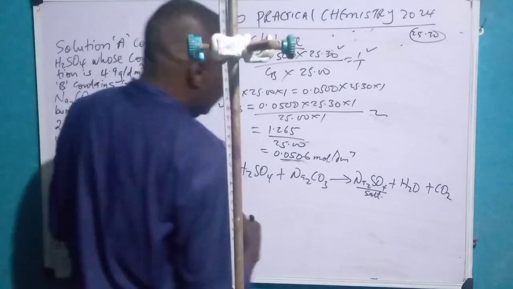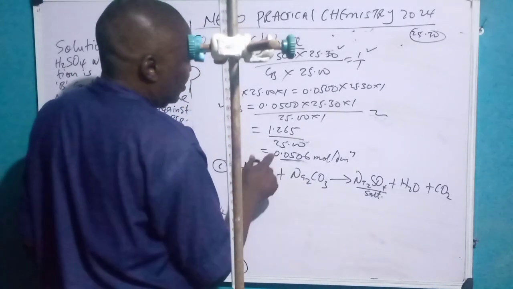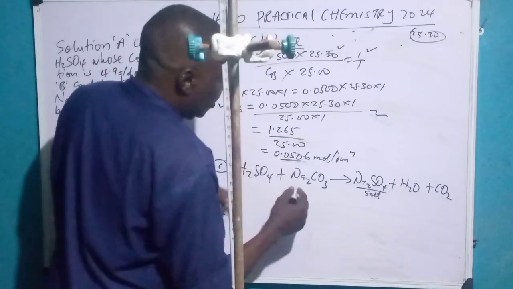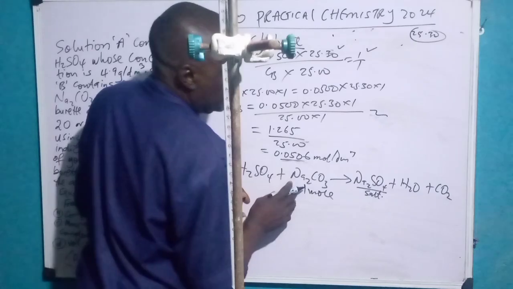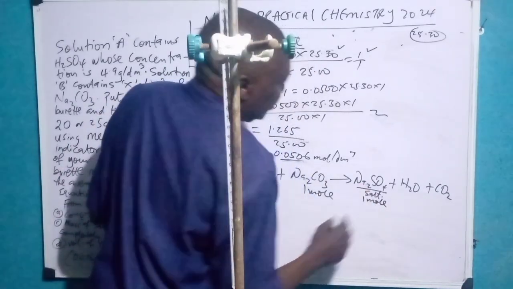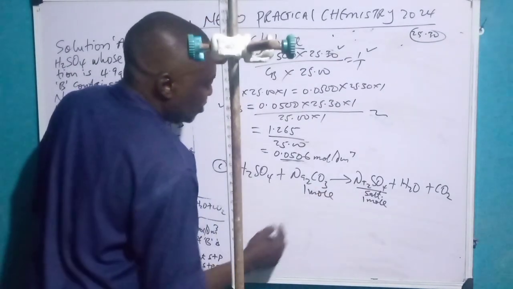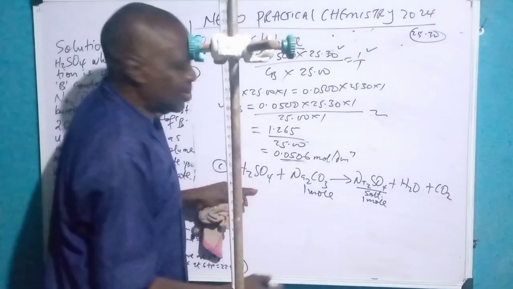First of all, this is what we have here, CB. Our CB was 0.0506. So first of all, 1 mole of Na2CO3 is equal to 1 mole of Na2SO4. If 1 mole of this is equal to 1 mole of this, remember we are calculating the mass of salt.